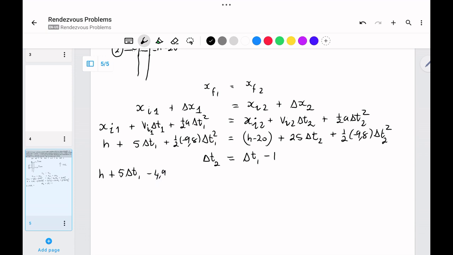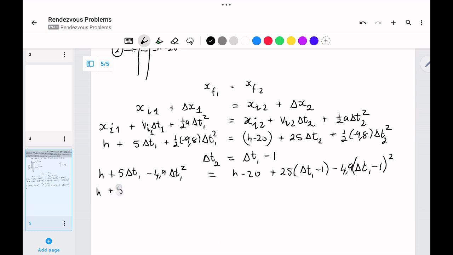Minus 4.9 delta t object 1 squared equals h minus 20, I'm dropping the brackets, plus 25 open bracket delta t minus 1 close bracket, minus 4.9 delta t, sorry, I should have a bracket now, delta t 1 minus 1, the whole thing squared.